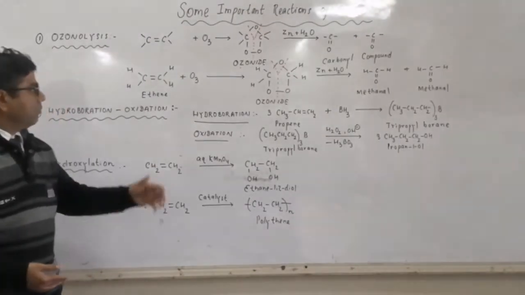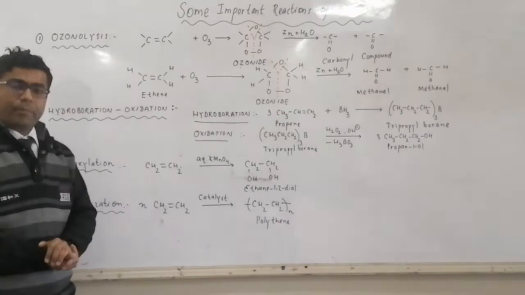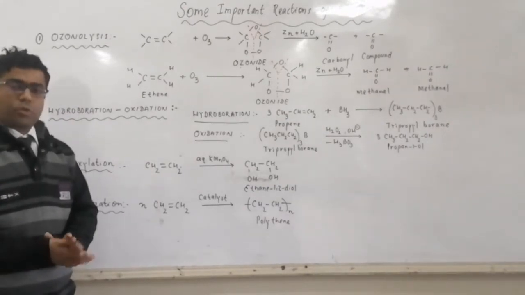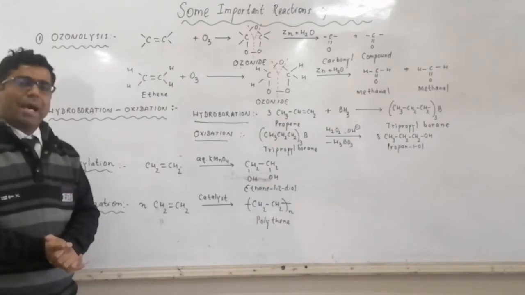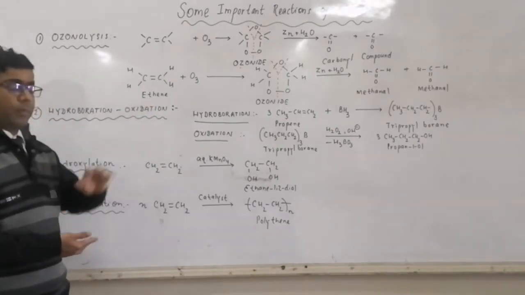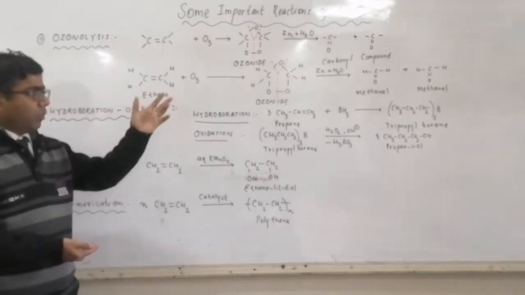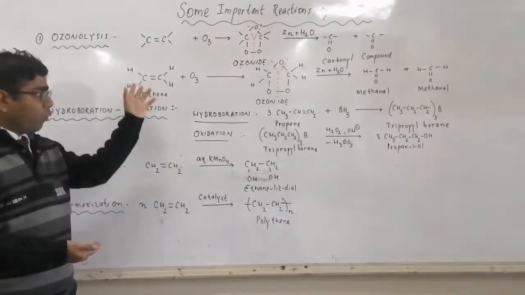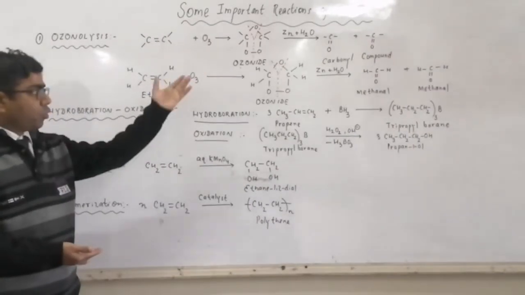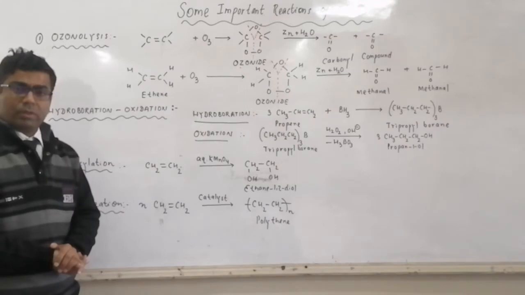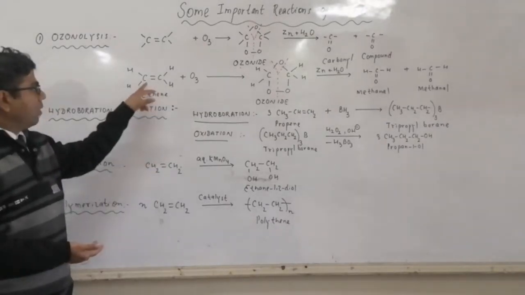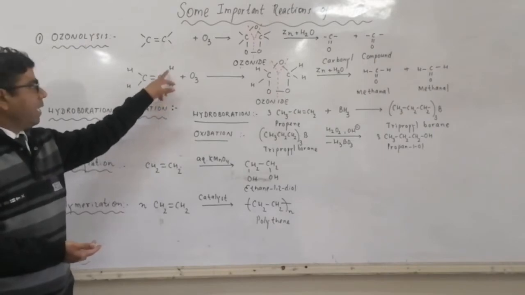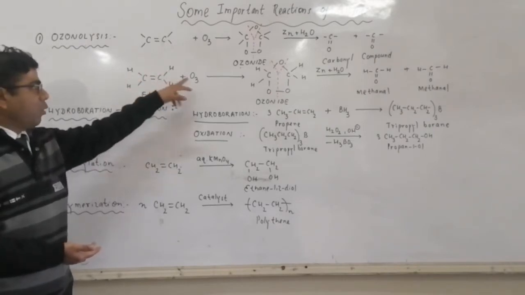So let us see the example of ethene. CH2 double bond CH2 is the representation of ethene. But we have to represent the molecule in this manner so that we can form the ozonide, show the attack of O3, and after that show the Y-type cleavage. So here is your C double bond C, with H and H, H and H, and O3.